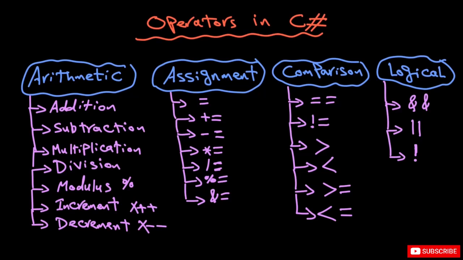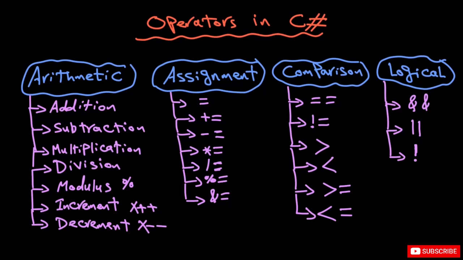The second logical operator is called the logical OR operator, using double bar. If you use the logical OR operator, it will return true if one of the statements is true. If one of the two sides of the logical OR operator is true, the program will give you true.